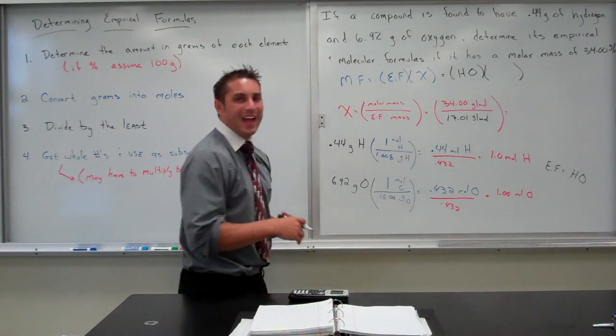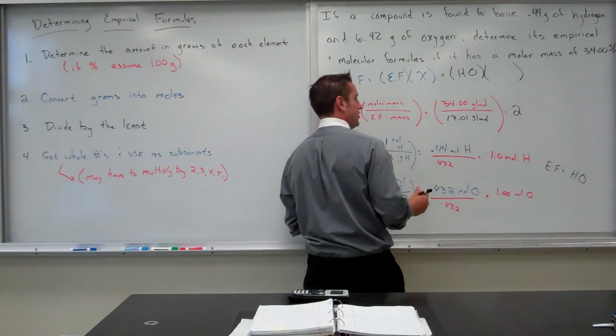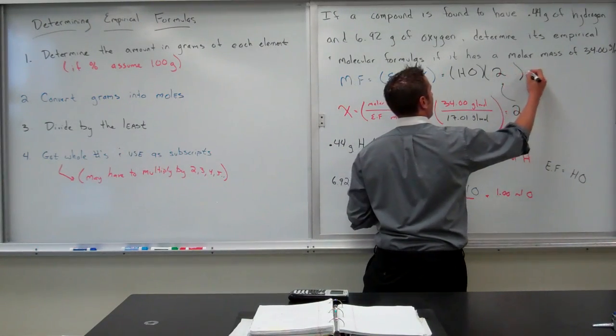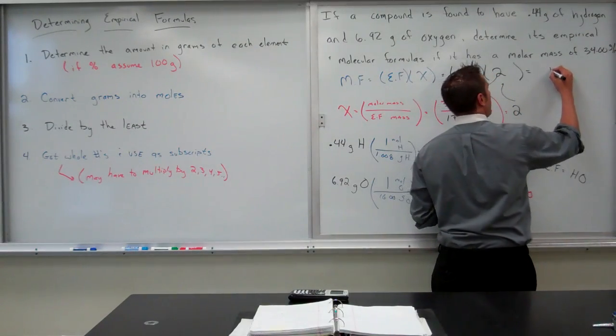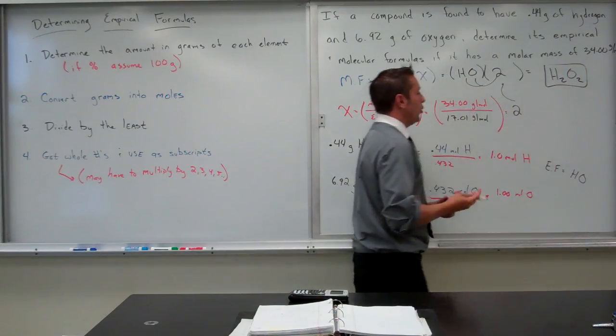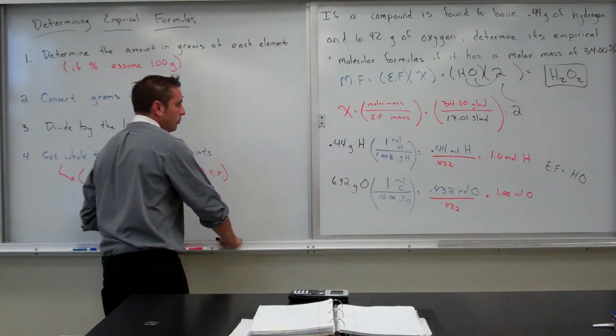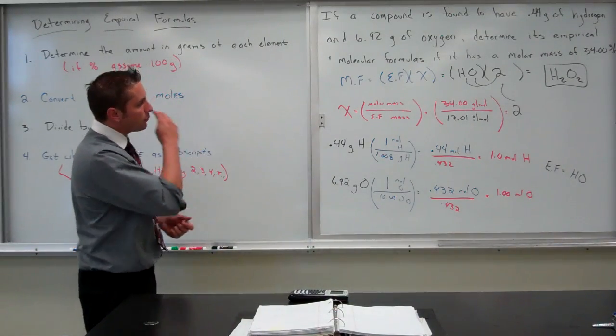Doing the math on that, again, you don't have to worry about sig figs. It looks like my multiplier is going to be 2. I plug that in up here, distribute my 2 in, and it looks like my molecular formula ends up being H2O2. And H2O2 happens to be hydrogen peroxide.